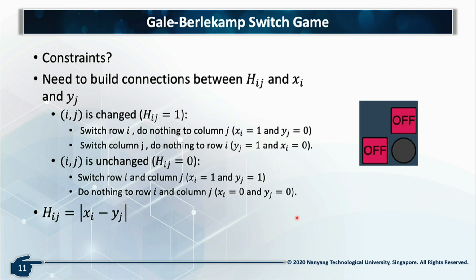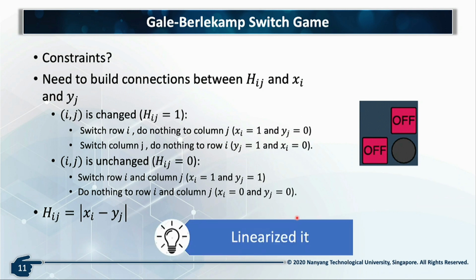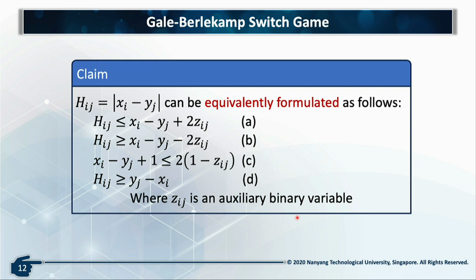Now, how can we model a mixed integer linear program? We need to figure out some approach to linearize this nonlinear function, right? So in fact, we can show this nonlinear function can be equivalently formulated as a set of linear constraints.